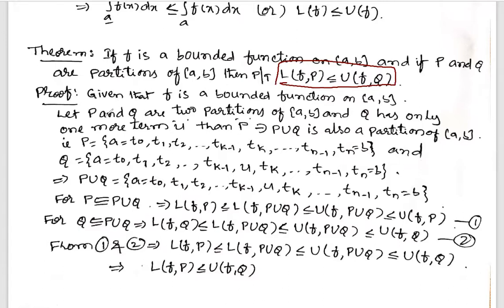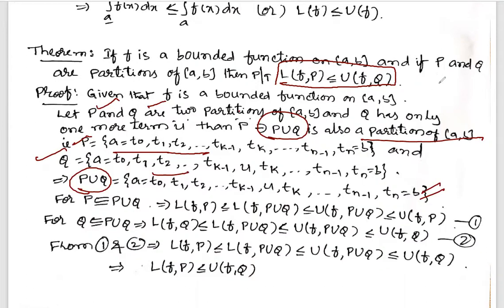So how will you prove it? P and Q are two partitions, then the union of partitions will also be a partition. Combine all these terms and write it as P union Q.